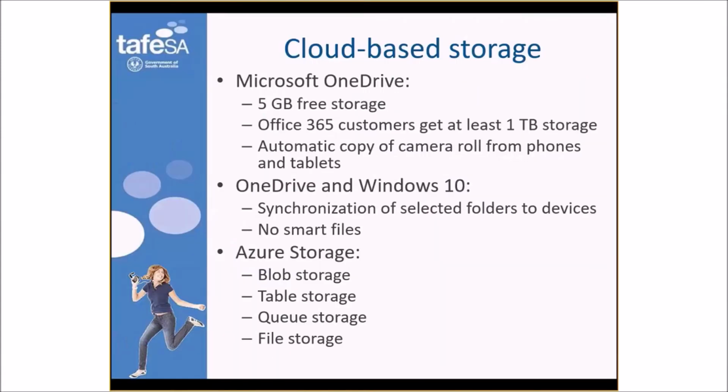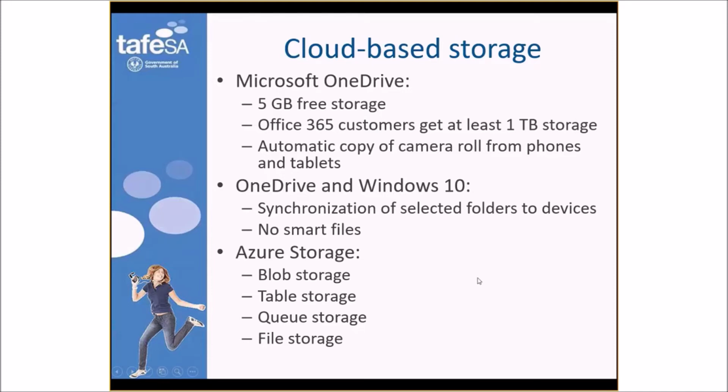So OneDrive. There's also Azure storage. OneDrive is part of Office 365, but Azure storage, if you've never heard of Azure, Azure is Microsoft's cloud platform. So what if I want to store more than just my personal files?